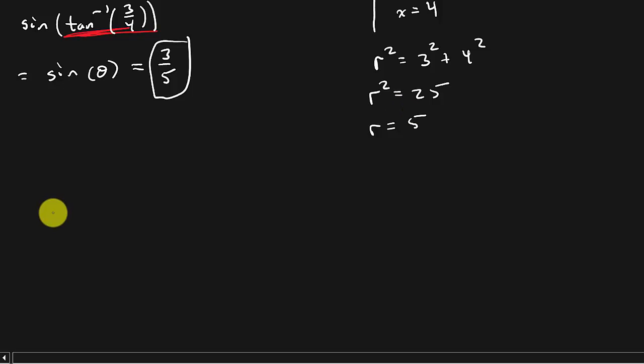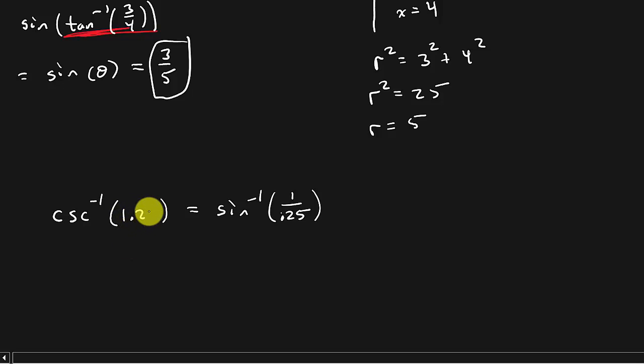If you have inverse cosecant of say 0.25, something like that, well, just remember you've got to rewrite that as inverse sine of 1 over 0.25. I'm sorry, I don't know why I wrote that.